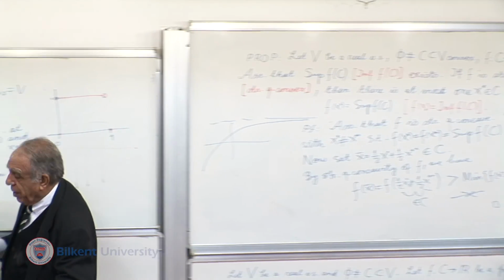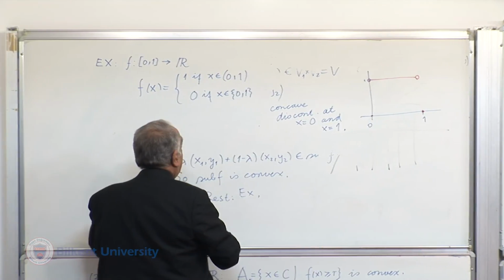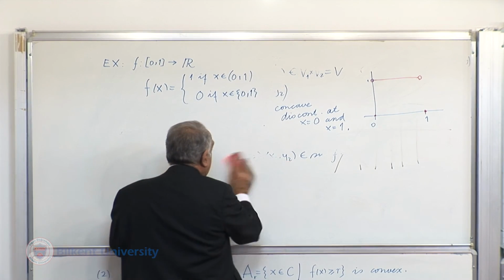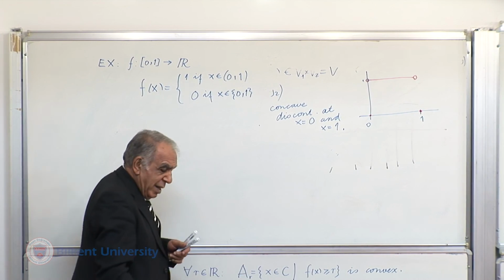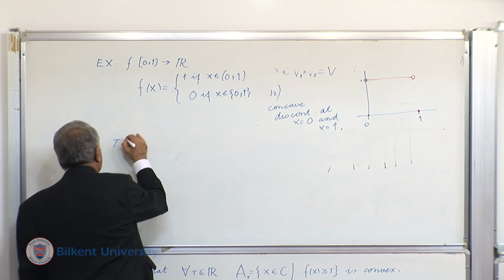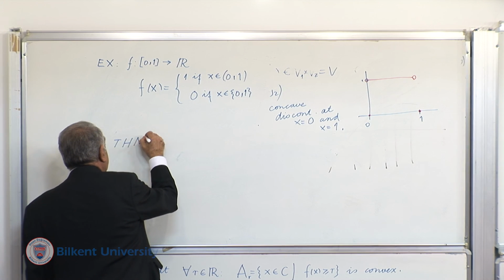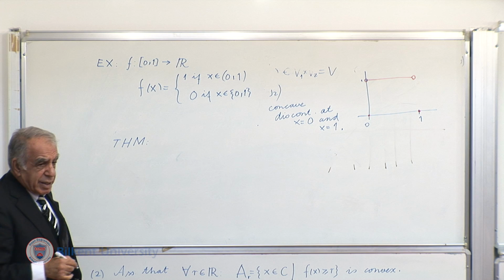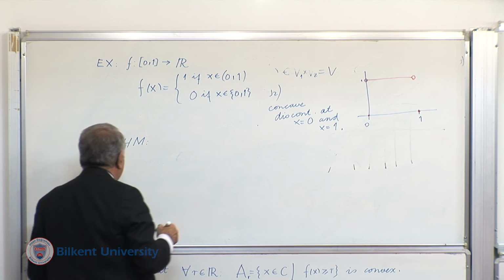So we could do the proof of that. I mean, it's reachable to us, but it would take too long. So we will just use this theorem by omitting its proof.